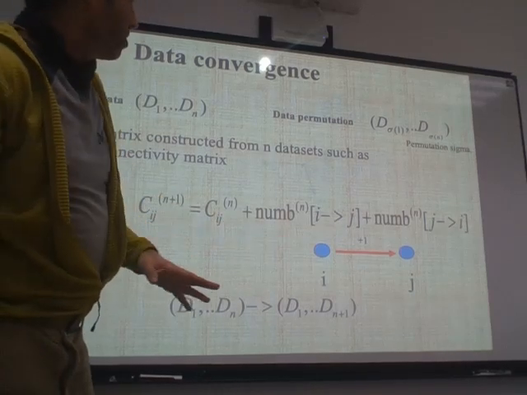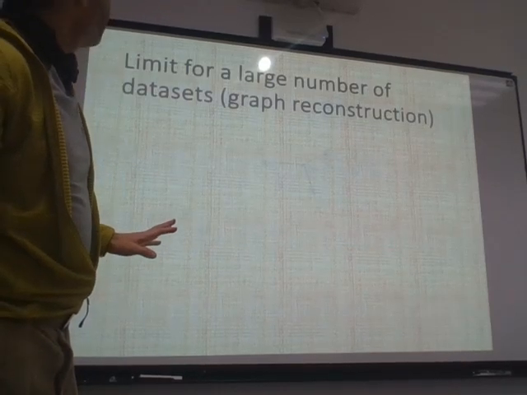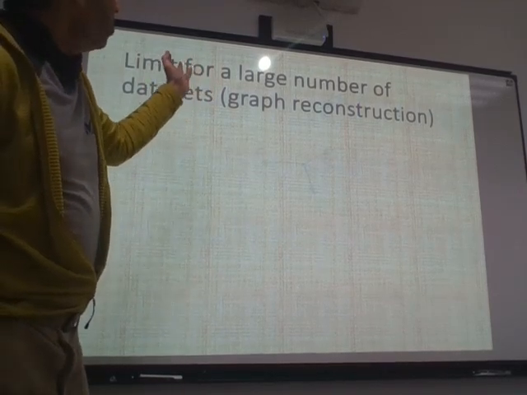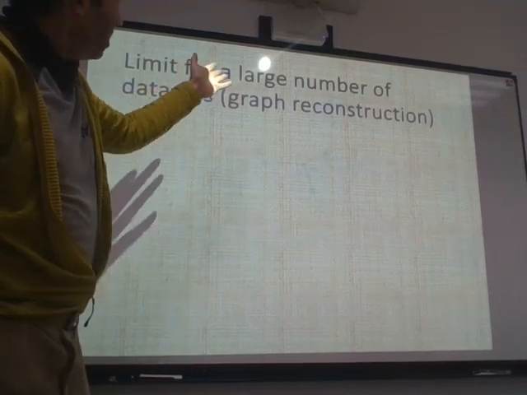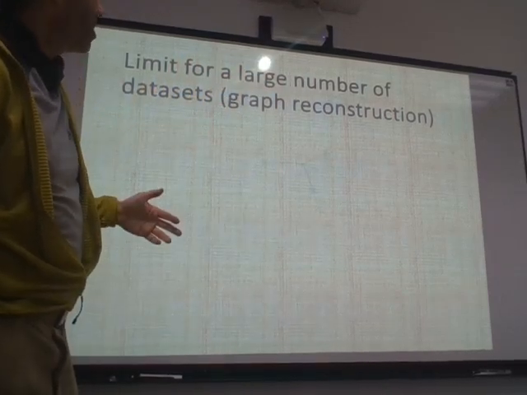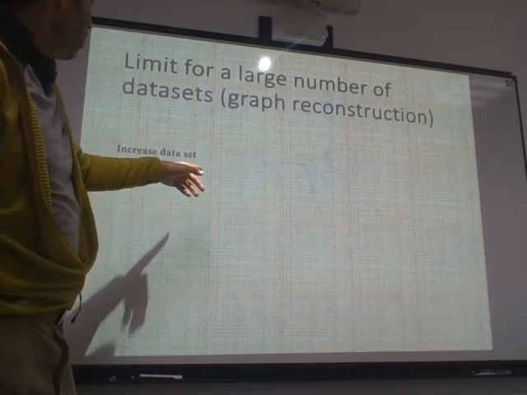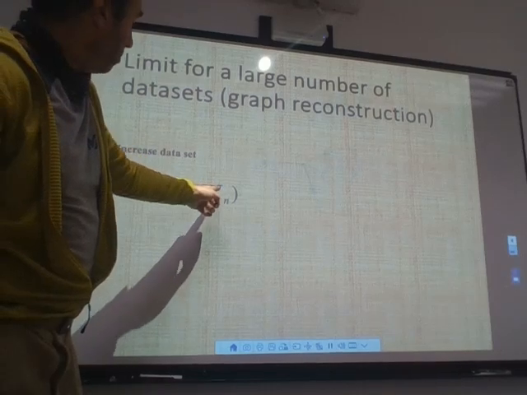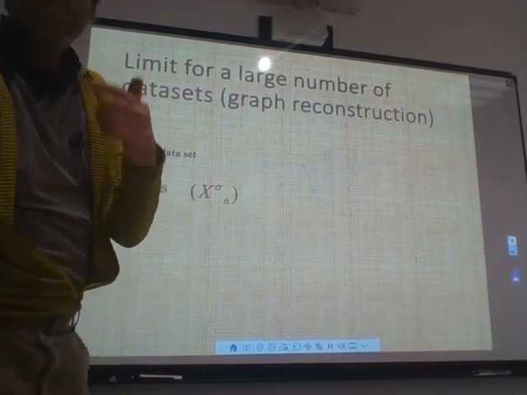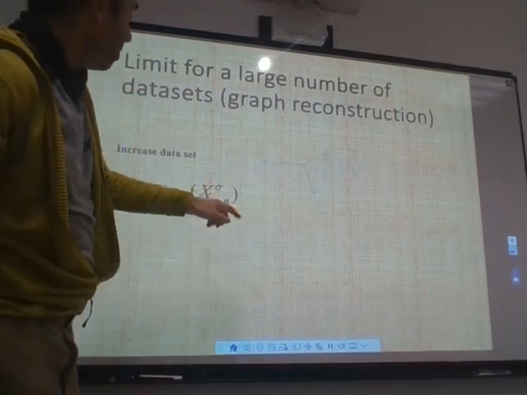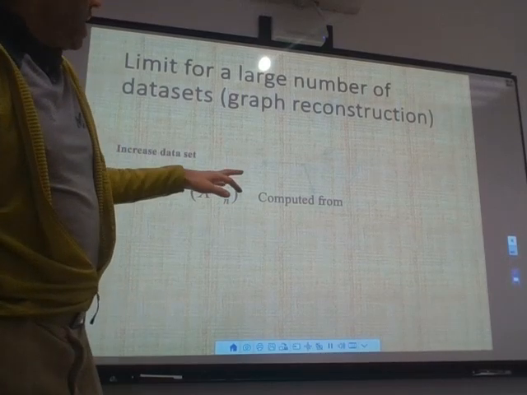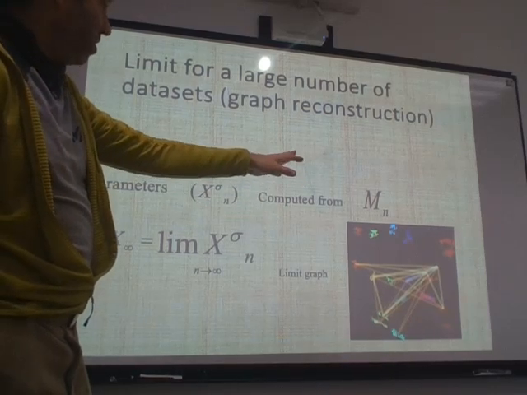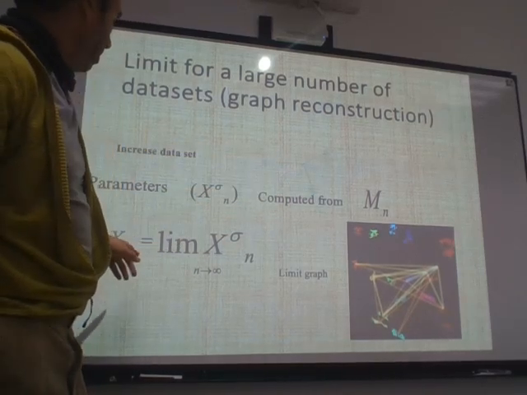So you increase. Great. And the question is what you are expecting when you get a large number of these data sets. You have your parameter, and the value of this parameter can depend on the permutation sigma that you have, which you compute from your matrix here.